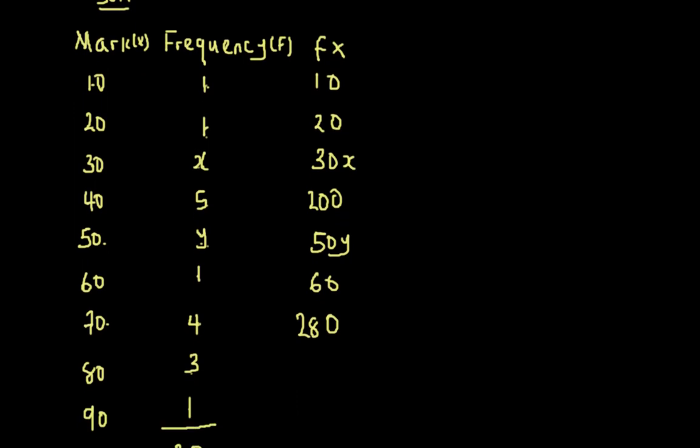Then we have 80 times 3, 3 times 0 is 0, 3 times 8 is 24, so we have 240. 90 times 1 is 90.